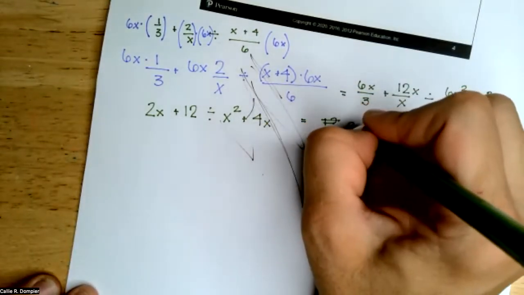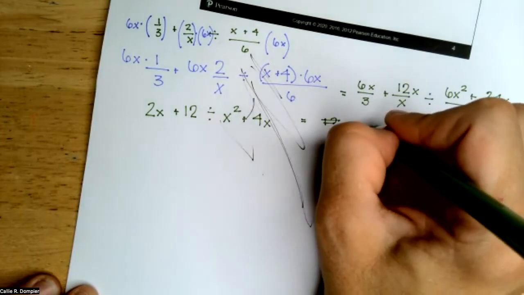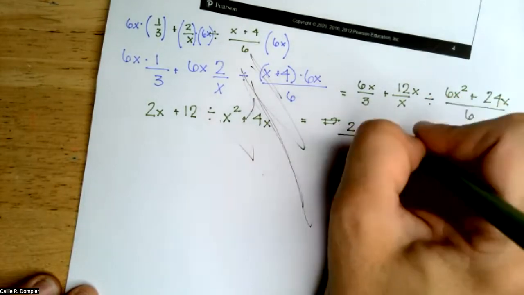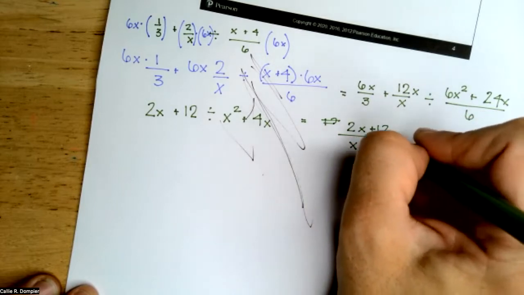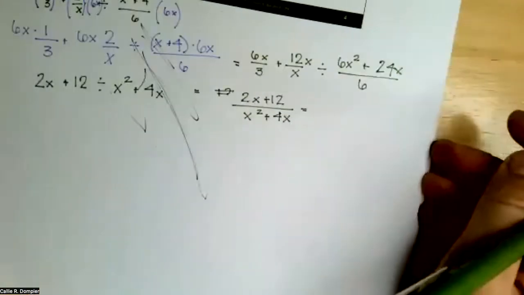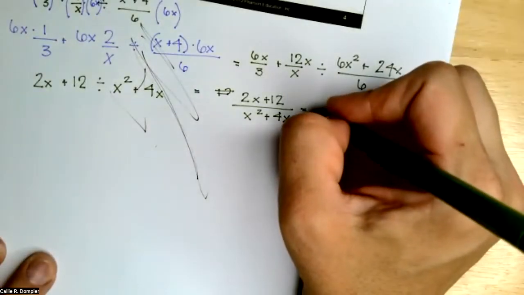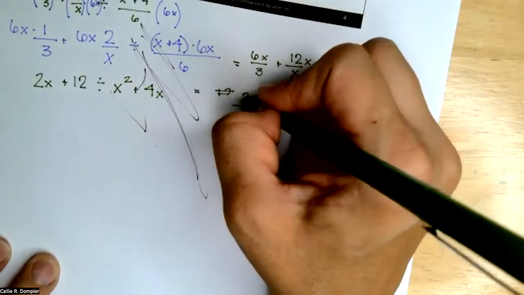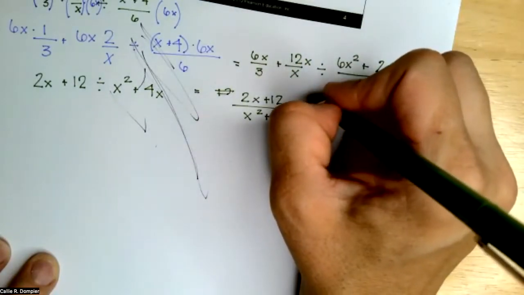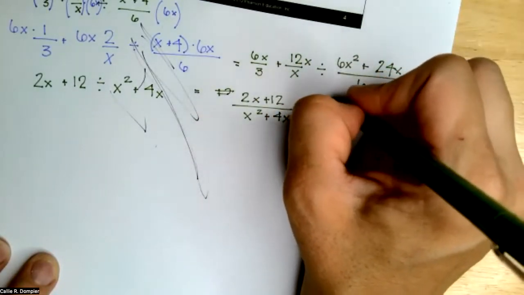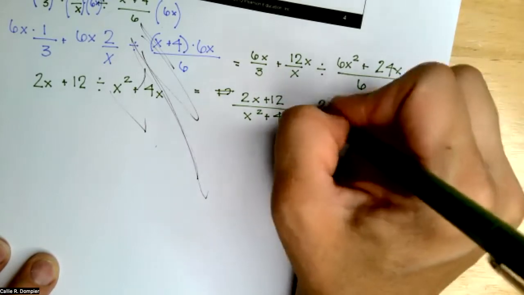Sorry. So now that's 2x plus 12 over x squared plus 4x. Again, we were practicing putting it into the most factored form. So 2x and 12, I can divide them both by 2. So I could take out a 2 and just leave it as x plus 6.